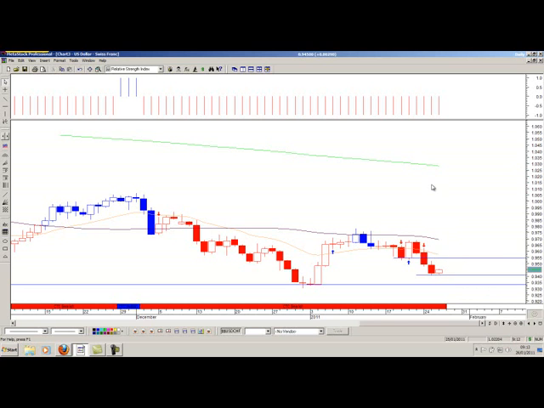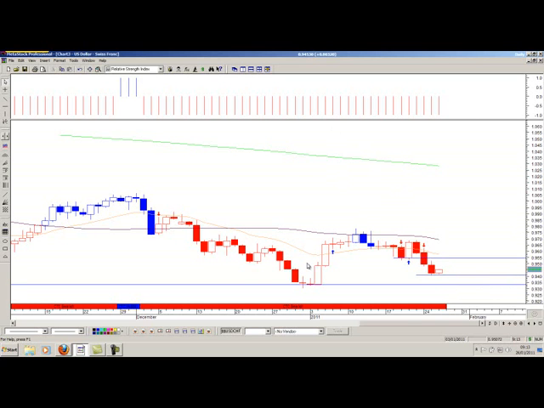However, the 20 period moving average is still in play, and it'll take us to that area if the opportunity arises for us to go long. However, if the US session opens and we see some news and it falls further lower, then we need to see a close lower than yesterday's low to give us an indication that we could see further downside movement to at least 0.935. Okay, that's it on the US dollar Swiss franc.